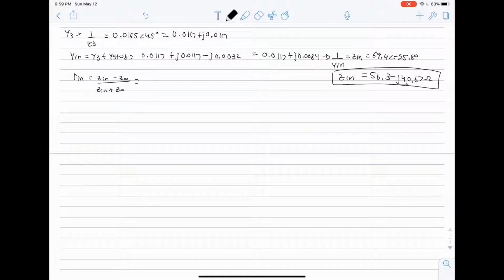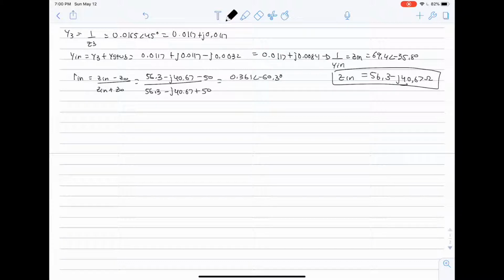That's 56.3 minus j40.67 minus 50, over 56.3 minus j40.67 plus 50, because our system impedance is 50 ohms, as it says in the question. When we divide everything, you would get 0.361 at negative 60.3 degrees.